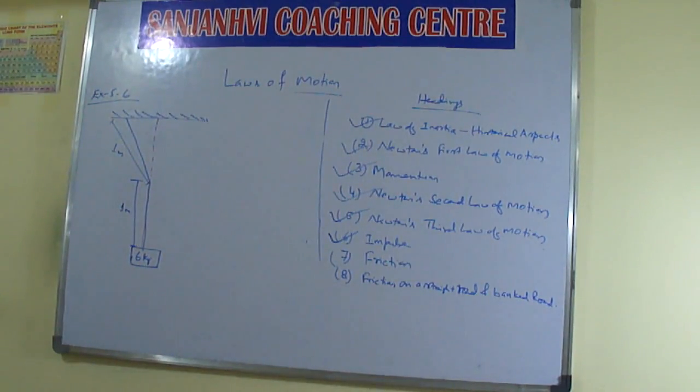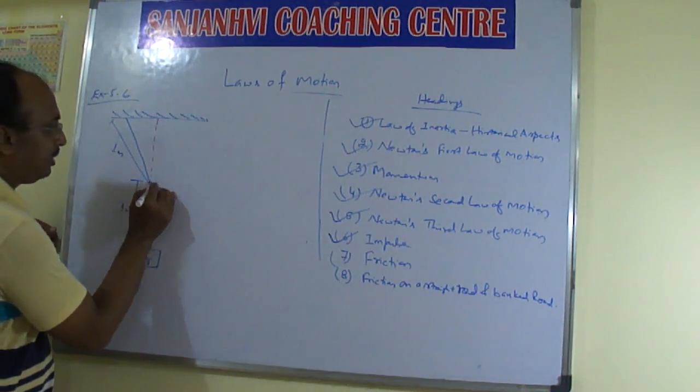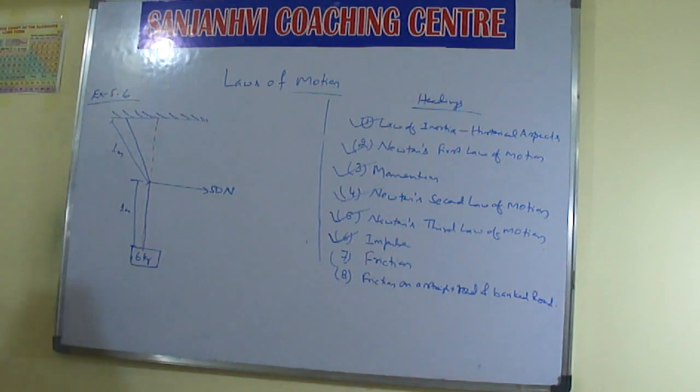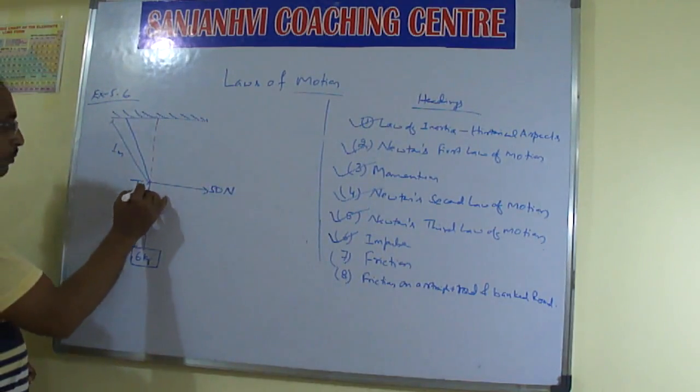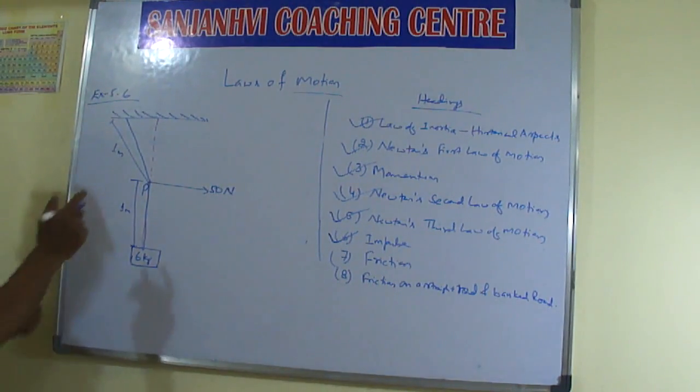Now a force of 50 Newton is applied in this horizontal direction at the midpoint P. This midpoint is P. What is the angle the rope makes with the vertical?